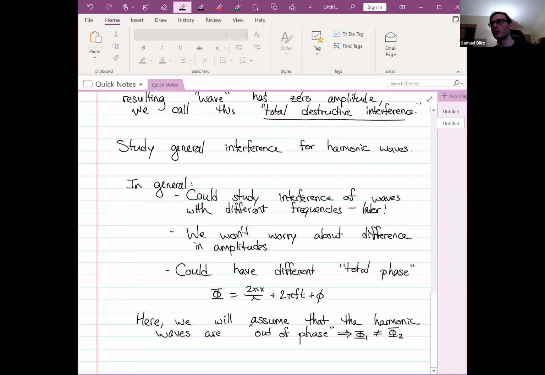So you can just think of total phase as a number in radians, and the lowercase t represents the duration that the wave has been going for. Remember, a wave has an argument that depends on x and t. So x is how far the wave has gone, t is how long the wave has been going for.